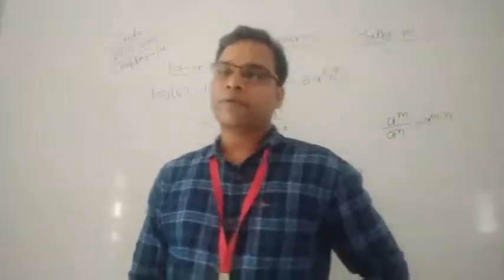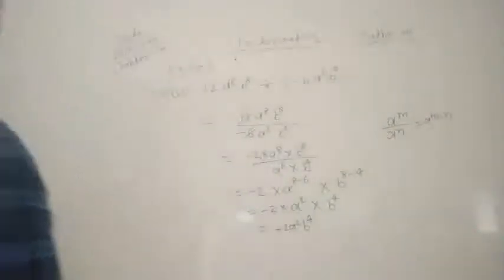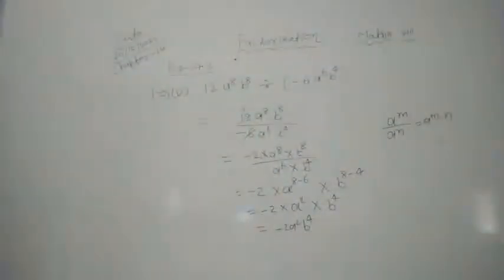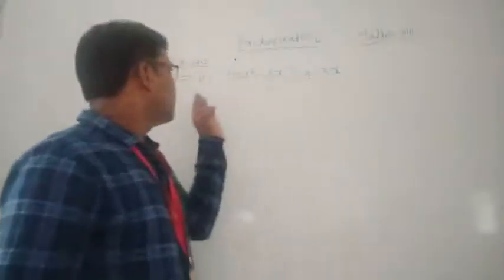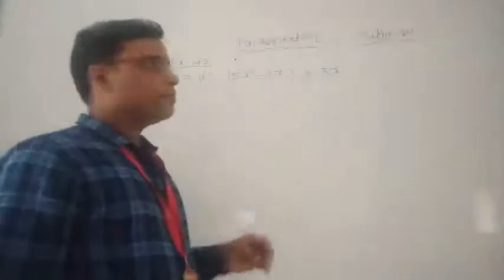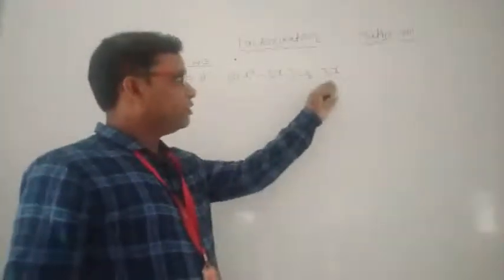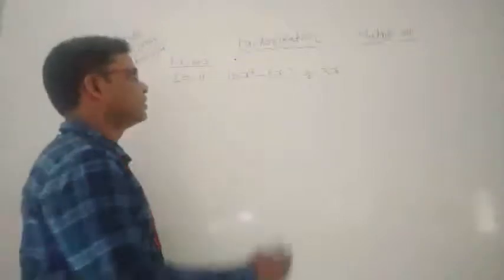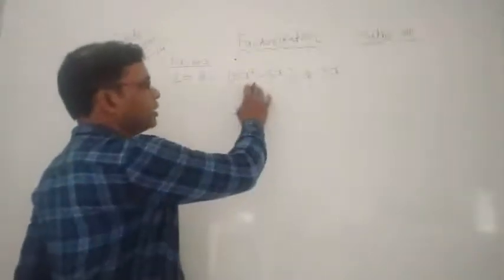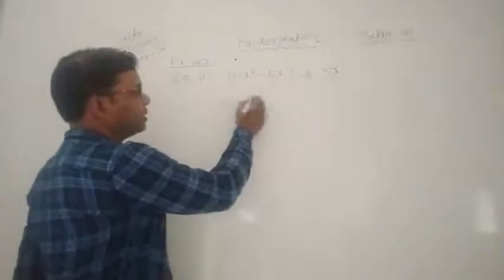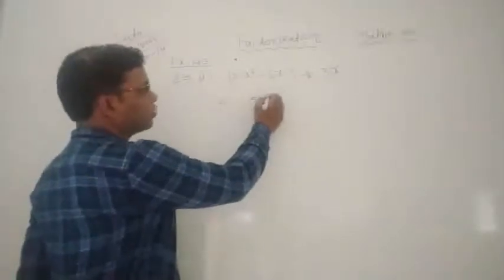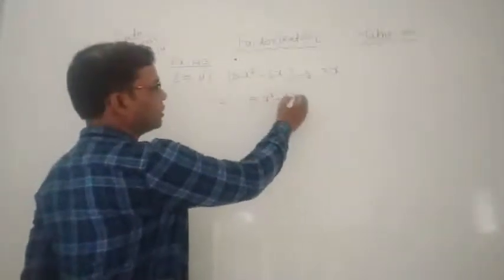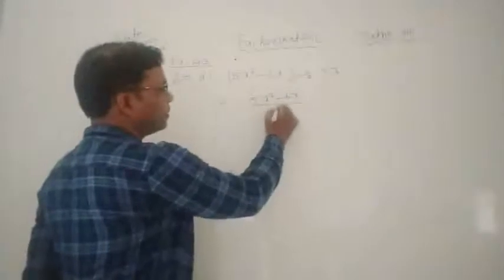Okay. So let's see how to divide a polynomial by the given monomial. So question number 2. This is the first part of question number 2. This is a polynomial. We divide it by a monomial. So for this, how can we divide it? First we write this: 5x square minus 6x divided by 3x.